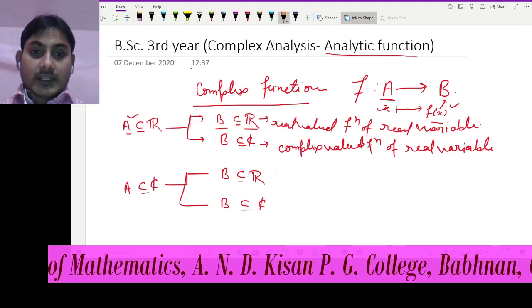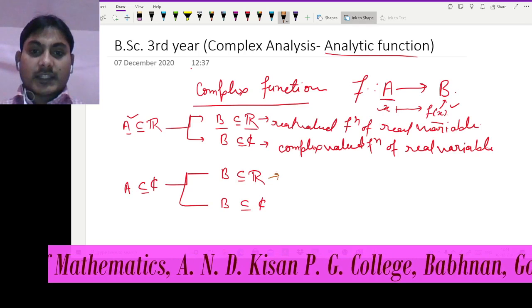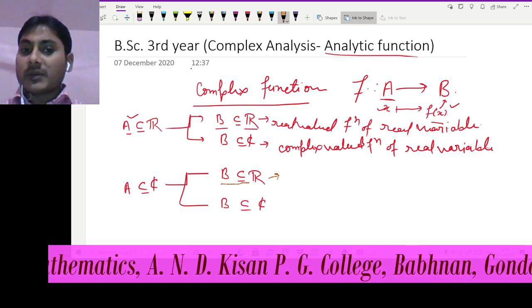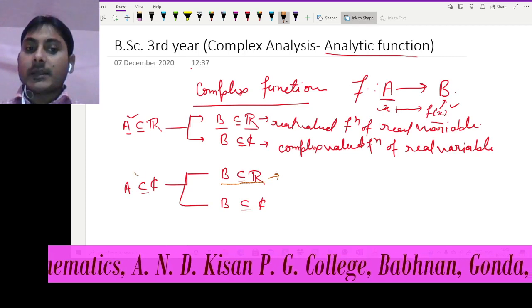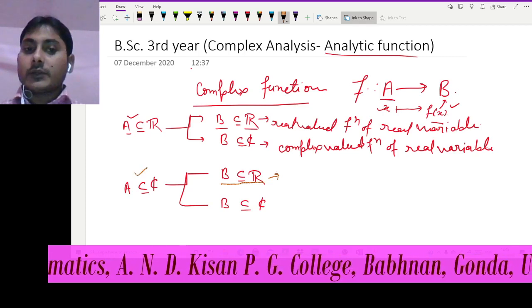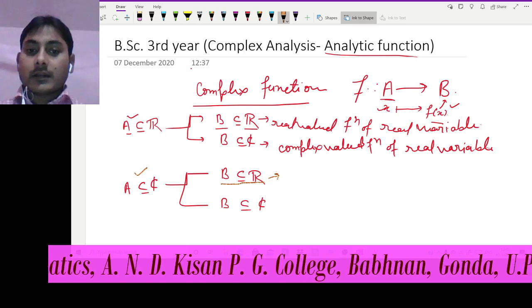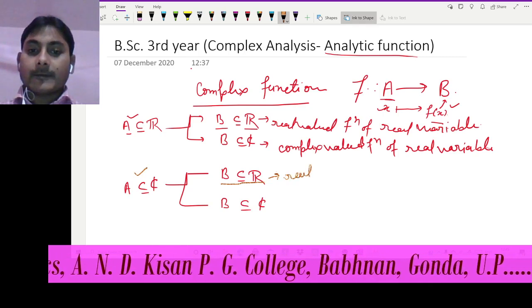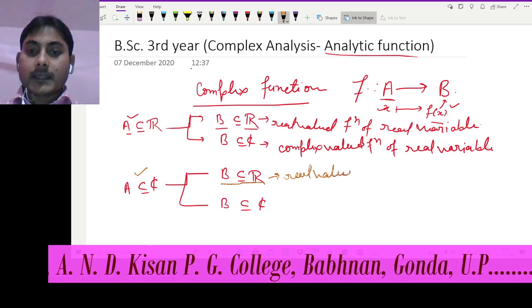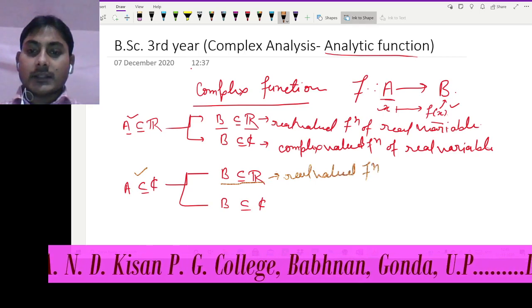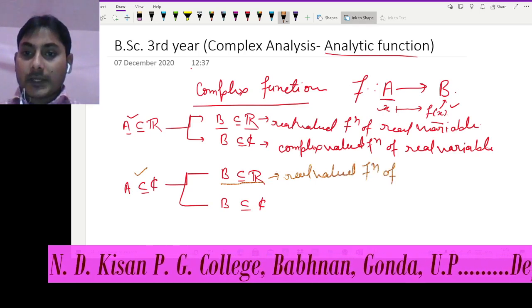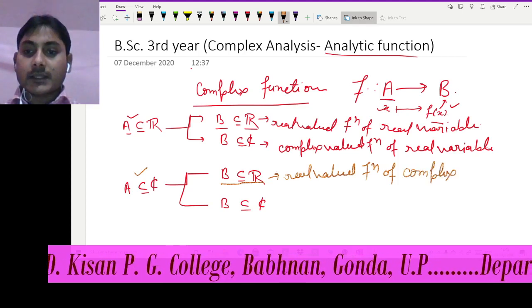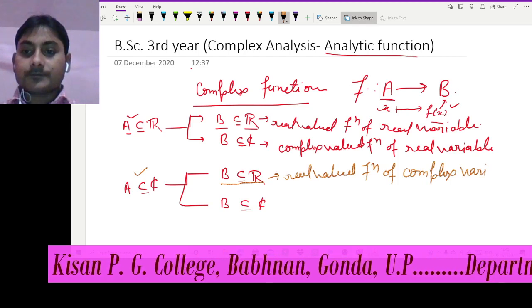The next one: because values are coming from R and our variables are complex, we say it is a real valued function of a complex variable.